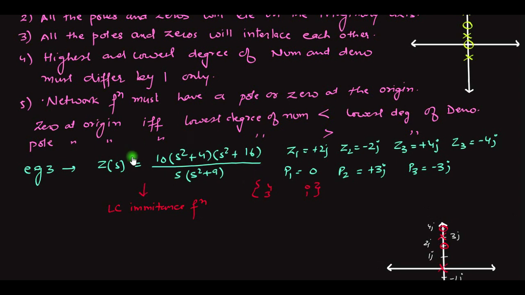This is how we can identify any network function to be an LC immittance function. And it means if I try to realize or synthesize this, it will be a possible combination of L and C only.